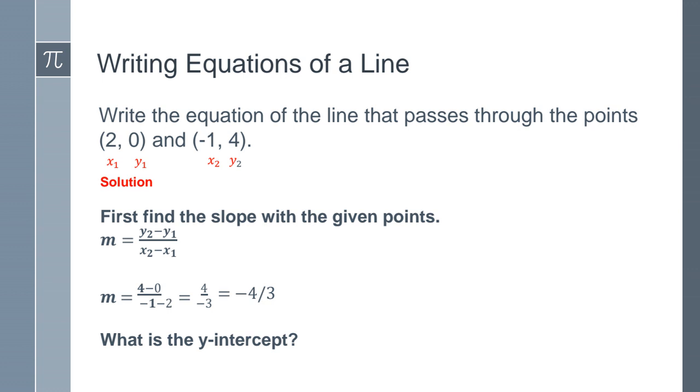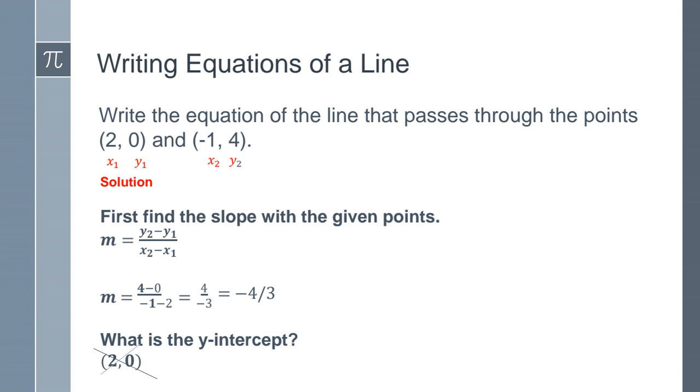That's what we have, 4 minus 0. My x2 is -1, and my x1 is 2. So we have 4 minus 0 over -1 minus 2. This gives us -4/3.